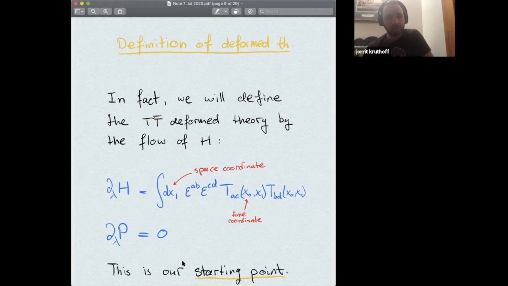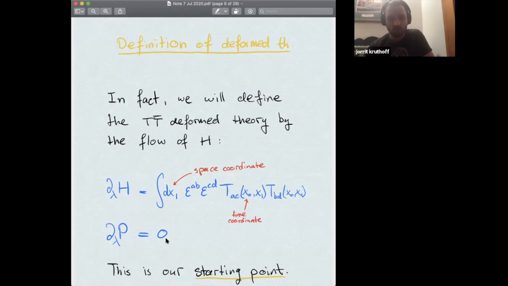So the Hamiltonian flows in the way prescribed by the TTbar deformation, but then it's only integrated over space, and the momentum operator does not flow.